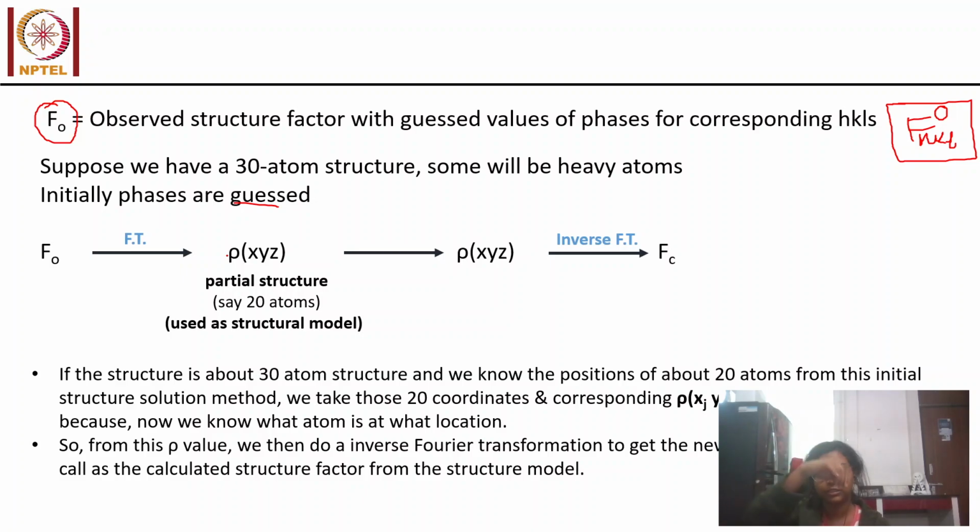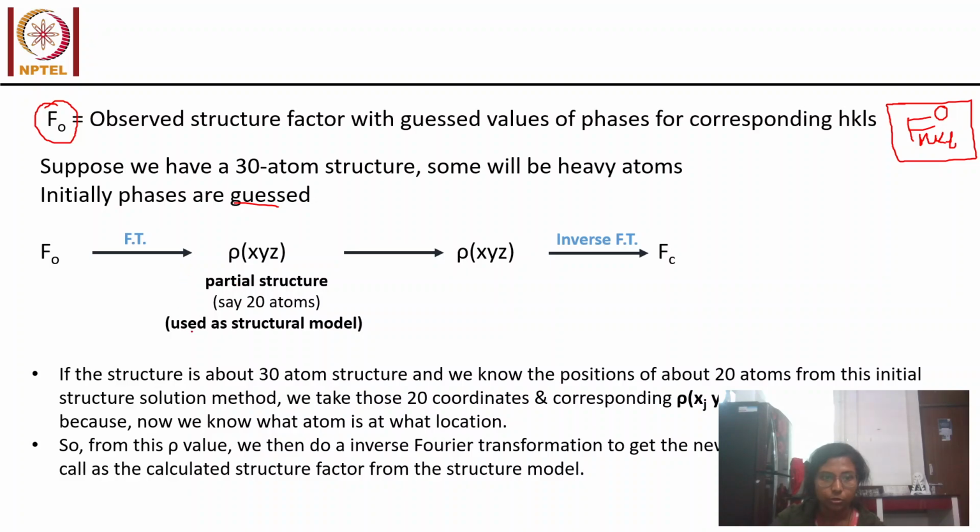We will be able to say that 20 out of the 30 atoms are occupying these positions. This is called the partial structure, which we get after we do the solve part. Now this 20 atom partial structure is used as a structural model to determine the complete structure.